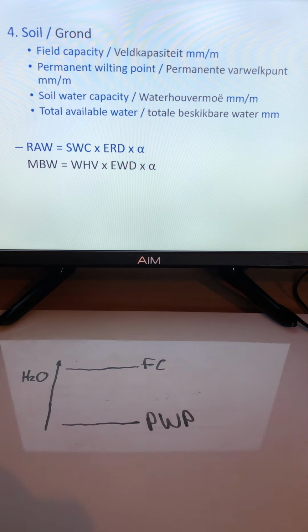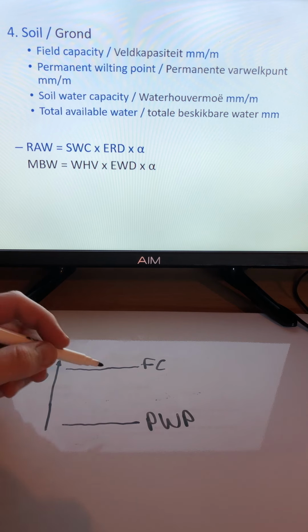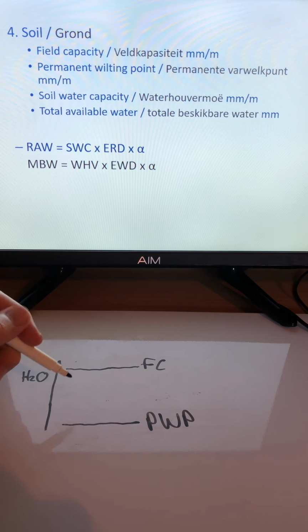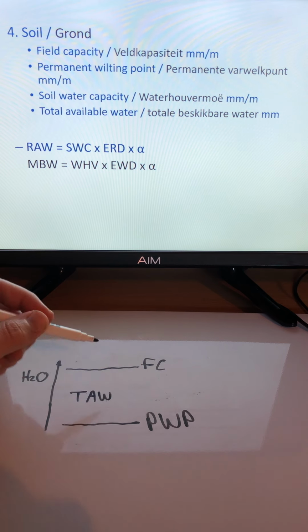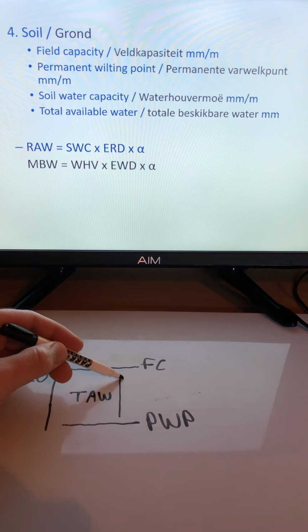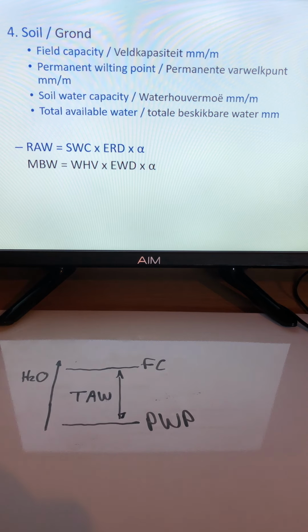So in between that, we've got the soil water capacity and the total available water. So total available water is this area in the middle. Okay, so this is the available water, and that's between field capacity and permanent wilting point.